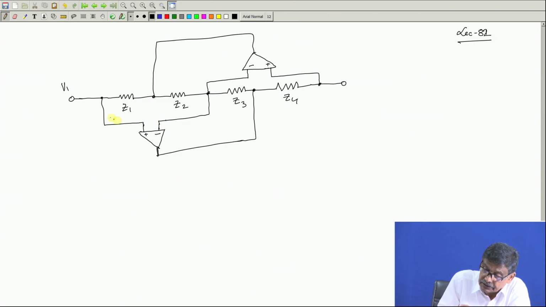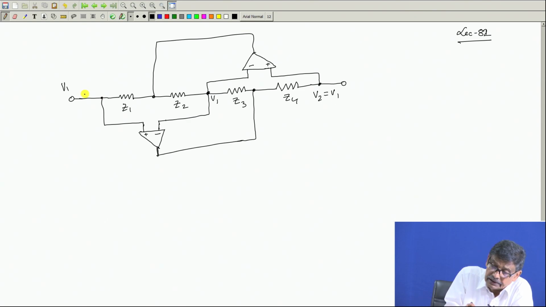So, if it is V1, I can immediately say this point cannot but be V1. Similarly, applying KVL simply, this potential I know with respect to common ground, therefore the potential difference here is 0. So, there it will be V2, which also has to be equal to V1. This is the first thing, just looking at the circuit, I find this has to be true.